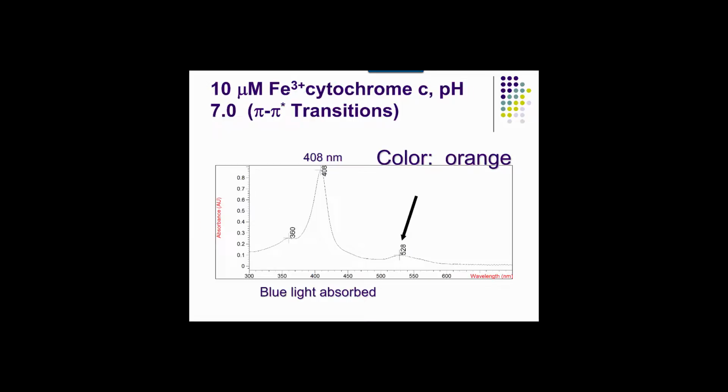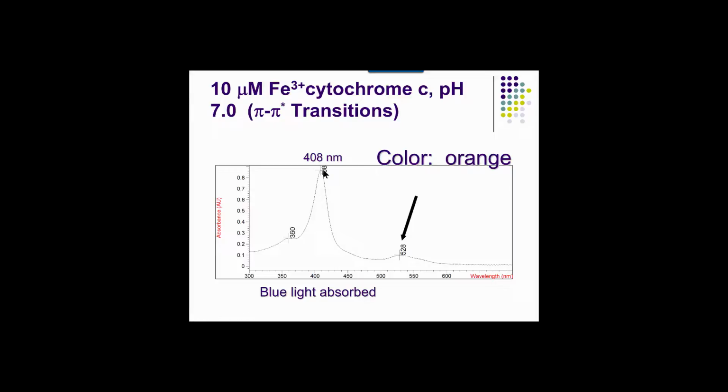So let's look at another compound now that we've just talked about. We've talked about hemes, and on this slide you're looking at the UV visible spectrum for a protein, cytochrome C. It has 1 heme with an iron 3 plus in the center. And you'll see that, again, there are multiple bands. And the 2 I want you to focus on are the band at 408.